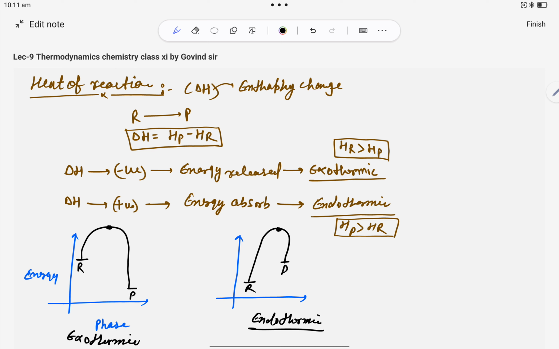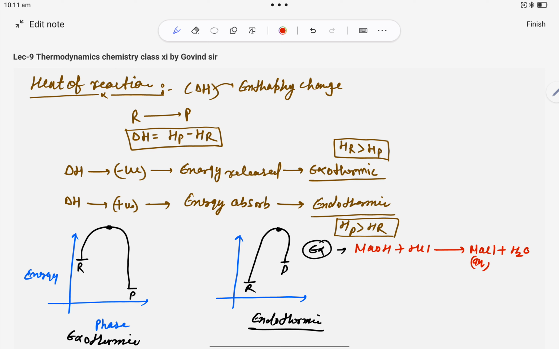Okay, so let's take one example, then this will be more clear. So example is given. What example, children? Example is given: NaOH plus HCl. So what they will form? NaCl plus H2O. That is the reaction.